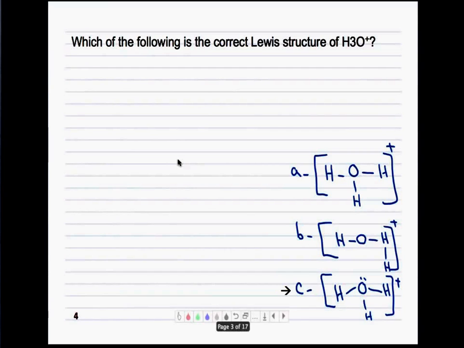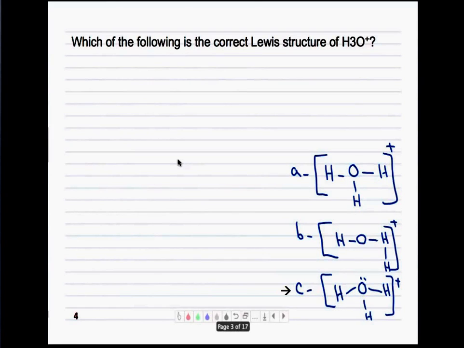In this case, hydrogen is definitely less electronegative than oxygen, but hydrogen can never be the central atom. It's always a terminal atom. This is why I'm going to put oxygen as the central atom, although it is higher in electronegativity, because hydrogen can never be a central atom.